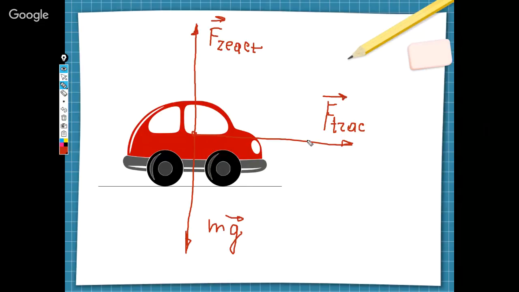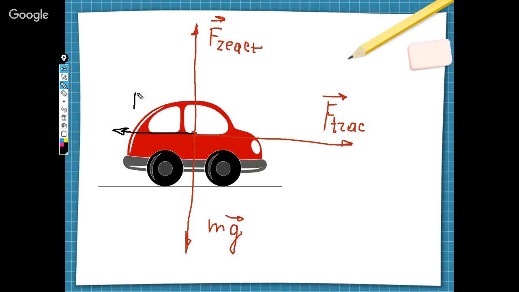And also, we have some forces which don't allow our car to speed up infinitely. At some speed, these forces increase and increase, and there are actually two of them. The first is the force of dry friction.